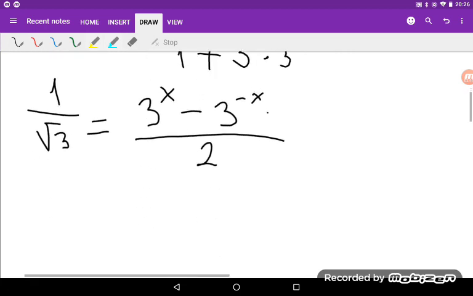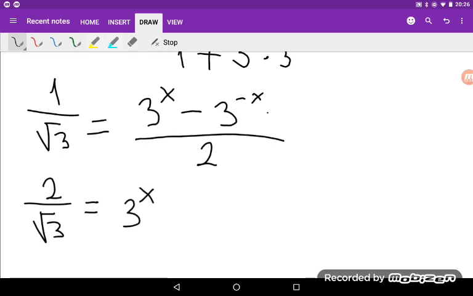Okay. And now I will just multiply both sides by 2, so I get 2 over square root of 3. And here I will write 3 to the x minus 1 over 3 to the power of x.